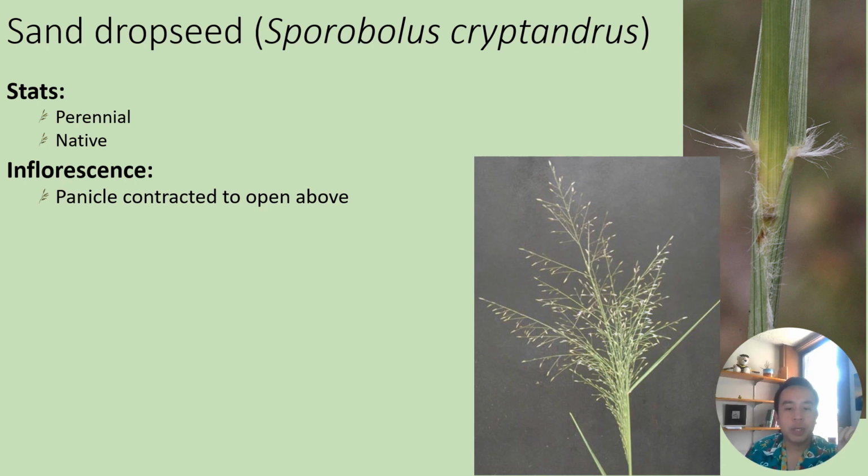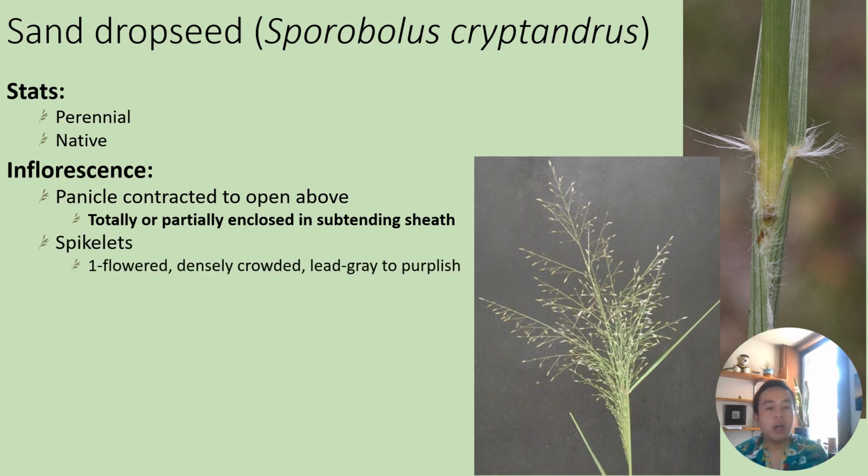So typically it's a bit more contracted lower down on the panicle, as you can see here, and then it's more open as you get to the top of the panicle. It can also be totally or partially enclosed within that subtending sheath, which is where a lot of this panicle might be contracted, down here.